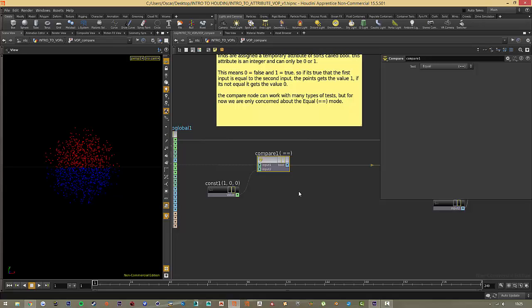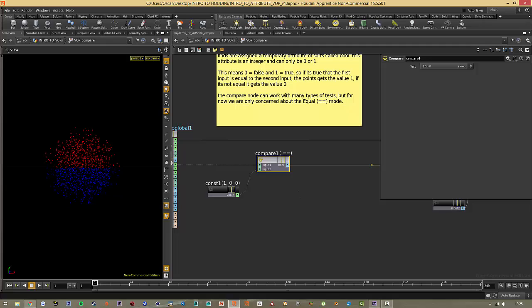This is not an attribute that is added or anything. It's just in this equation here in the VOP. This point gets a 0 if it's not 1, 0, 0. All the points, however, that are 1, 0, 0 get the Boolean true, which is the number 1, okay?